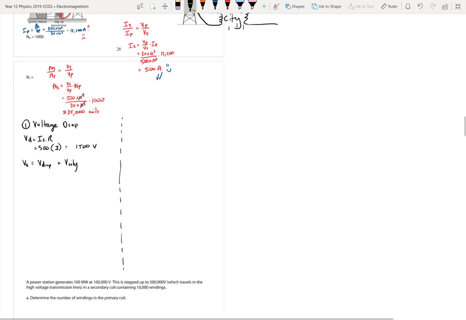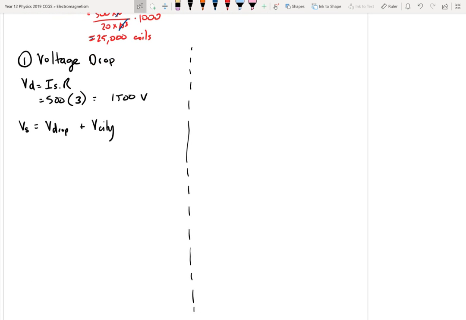Knowing that it's in series, we can rearrange for the voltage of the city. That's going to be our secondary minus the drop, our 500 kilovolts minus our 1.5 kilovolts, and so we only get 498.5 kilovolts arriving at the city. Okay?